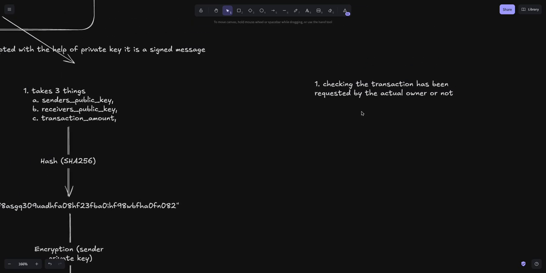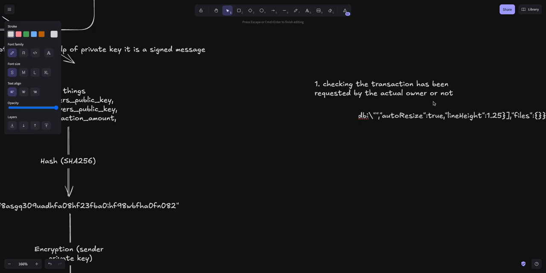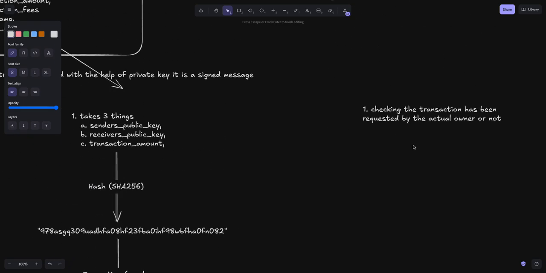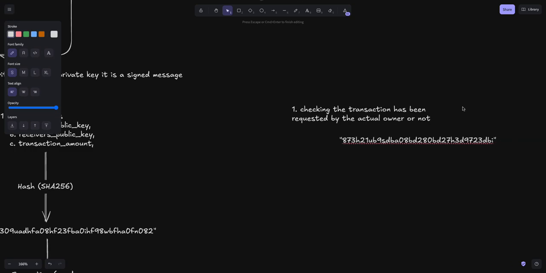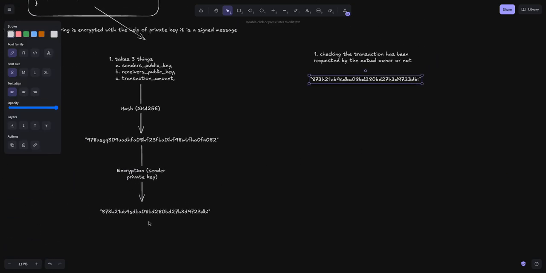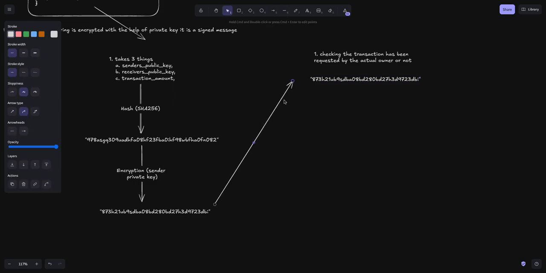The bank officer will come here and take this signed check. Now after getting it, what will he do?